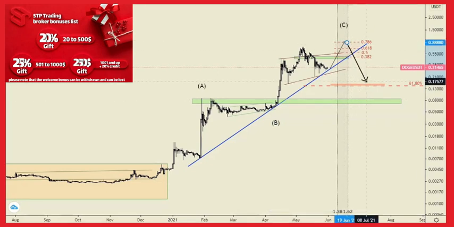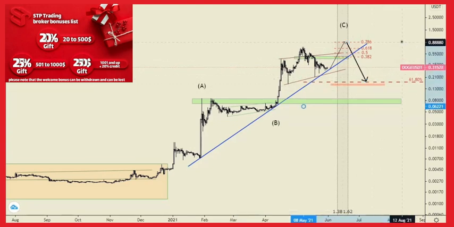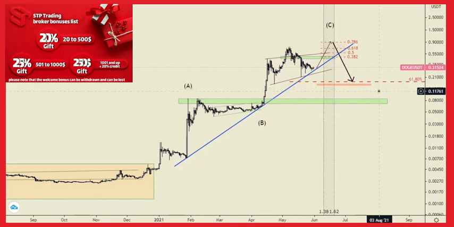In this case, we can consider a downward 68% retracement for the X wave of the bearish trend, which in this area can complete its correction process.